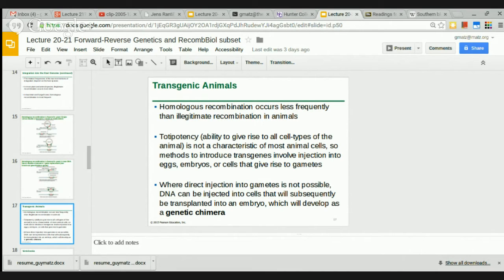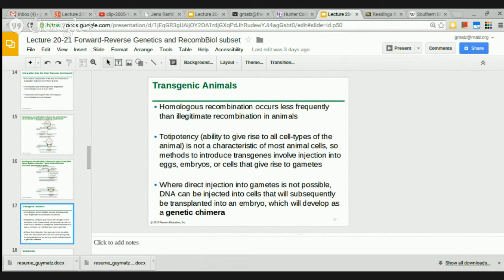So, unfortunately, homologous recombination is not at all common. It's not that it doesn't happen, it's just way less frequent than illegitimate recombination in animal cells. In addition, in animals, we're not single cells, so we have to figure out where to put the gene such that it will ultimately be expressed wherever we want it to be expressed.